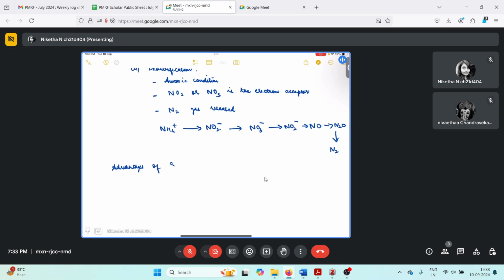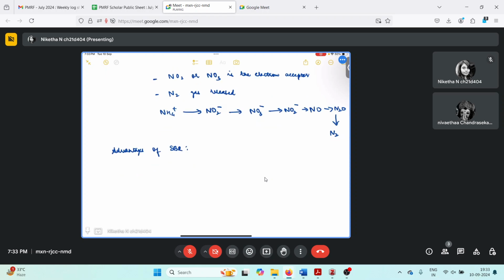So, can you tell me the advantages of sequential batch reactor? We just discussed all of them now. Both aerobic and anaerobic can be performed, ma'am, like phosphate removal, which needs an anaerobic condition. Yeah, that's right. So nitrogen removal can happen.